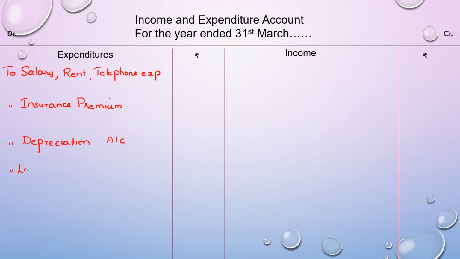There could be items like loss on sale of fixed assets or investments. So those losses, that is excess of the book value over the sale value, would come as a loss on the debit side. That is why I said expenditure side includes the expenses and the losses.